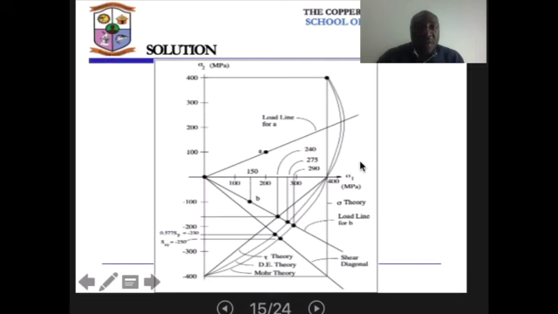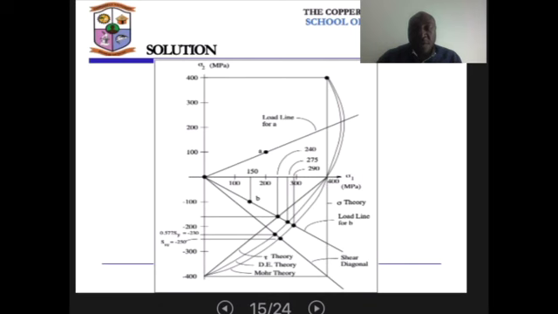But for the normal stress theory, we got that 400 because of where this line meets, and when you go down here, that is what we have as our maximum. But where this line meets the maximum shear stress theory, which is this one, is at this point.